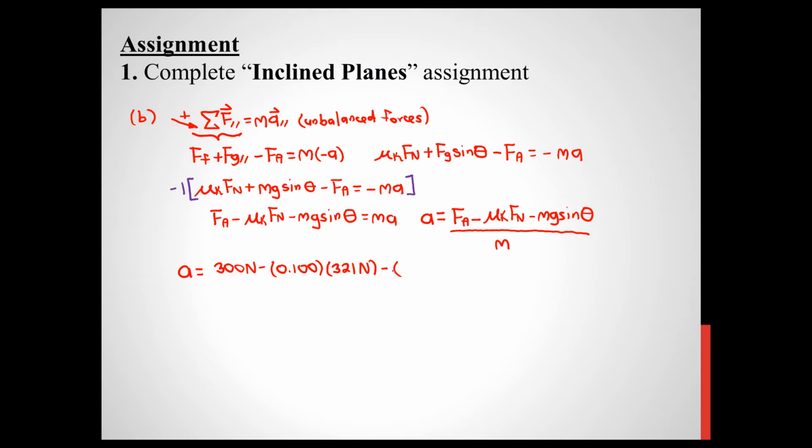Subtract m, which is 40.0 kilograms, times the magnitude of the acceleration due to gravity, 9.81 meters per second squared, multiplied by sine of that angle, which is 35.0 degrees.